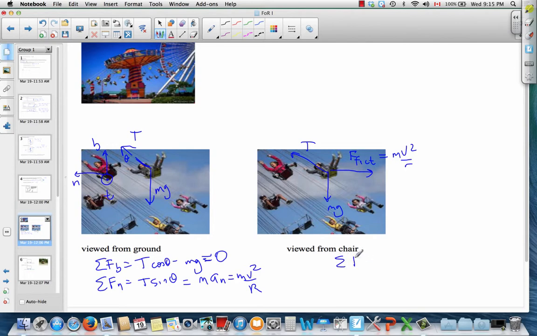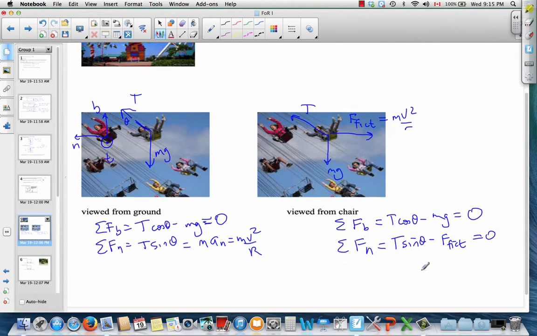And you will say, I'm not moving relative to the chair, so all forces have to be balanced in the binormal direction, and in that direction inwards, it would be T sine theta minus my fictitious force, and they're balanced because there's no motion in the accelerated reference frame.